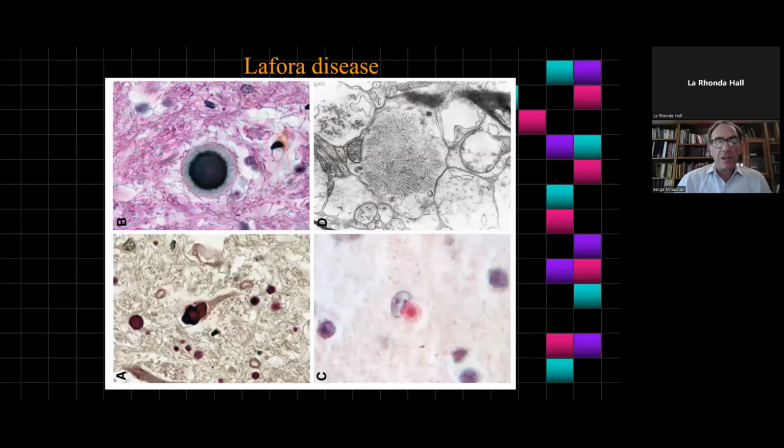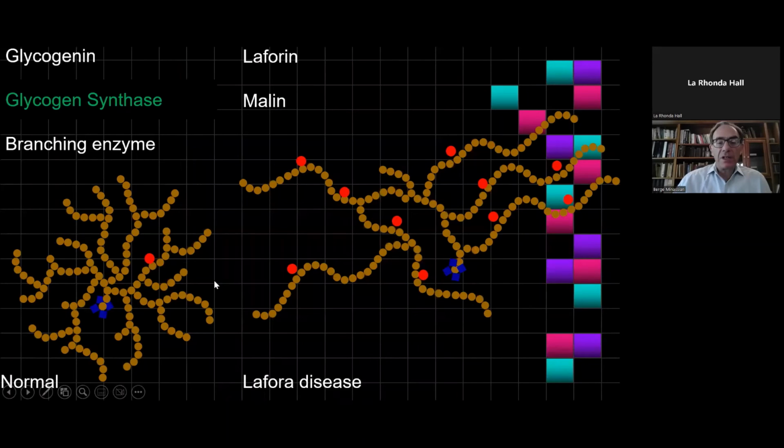In the brains of these children are these massive Lafora bodies that you see in these various pictures. And these Lafora bodies consist of an abnormal form of glycogen. On the left side, you have normal glycogen. On the right side, you have the glycogen that is in Lafora disease.